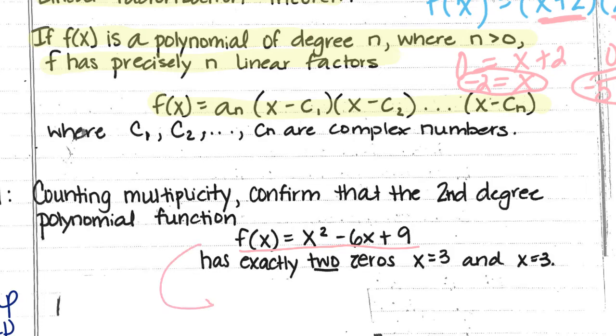Well, to prove that, all I would do is solve this, x minus 3, x minus 3. The zero that comes out of the first would be 3, and this one would also be 3. We used to call that a double root. Now we're just going to show it as multiplicity.